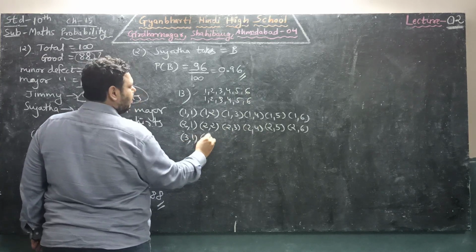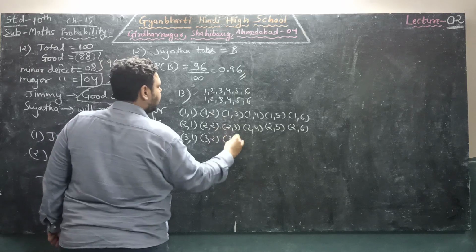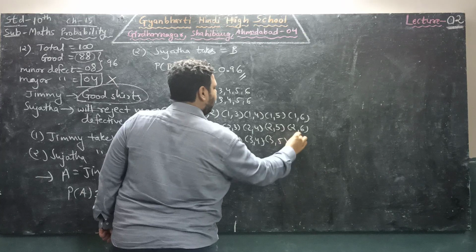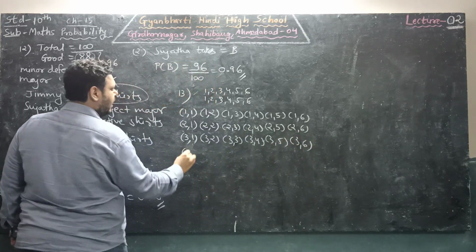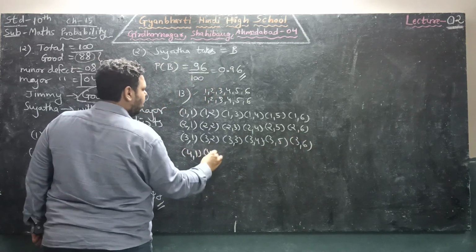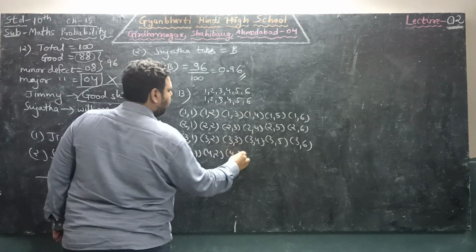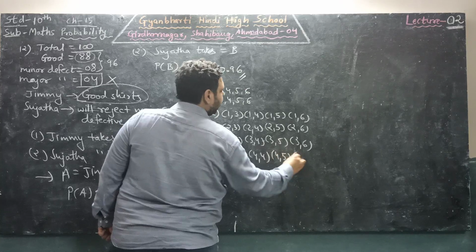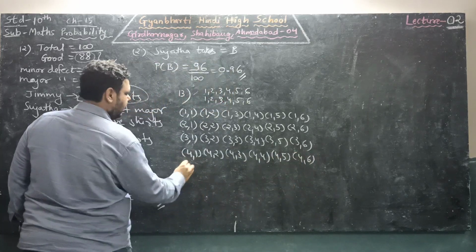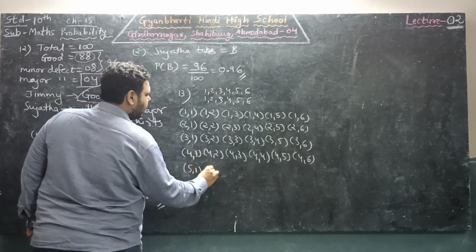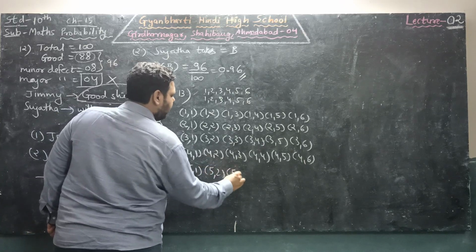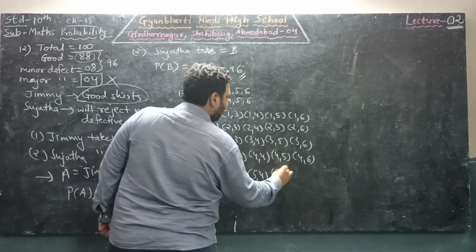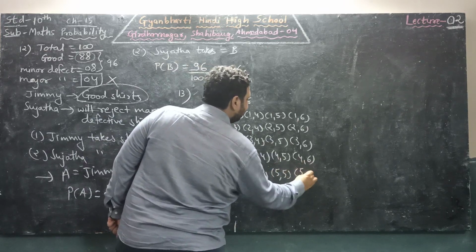So next will be 3 2, 3 3, 3 4, 3 5, 3 6. Same 4 1, 4 2, 4 3, 4 4, 4 5, 4 6. Then 5 1, 5 2, 5 3, 5 4, 5 5 and 5 6.